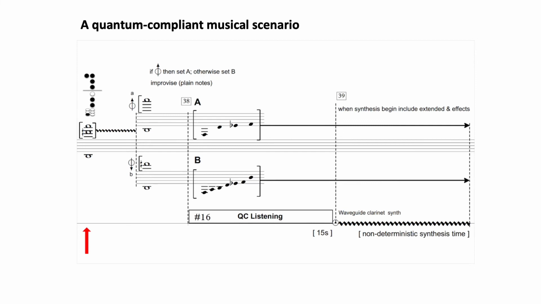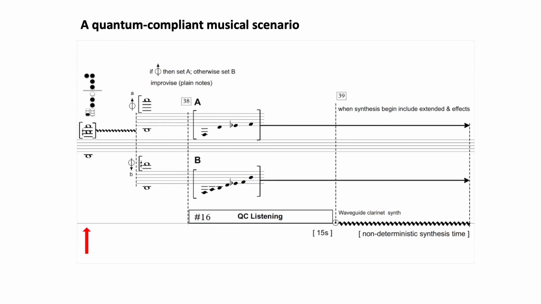Then, depending on the resulting multiphonics, the performer is instructed to select notes from two sets, capital A or capital B. And these are notes that the performer will improvise with for at least 15 seconds.